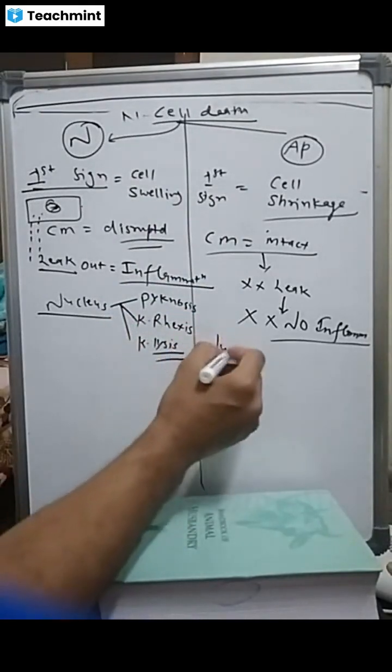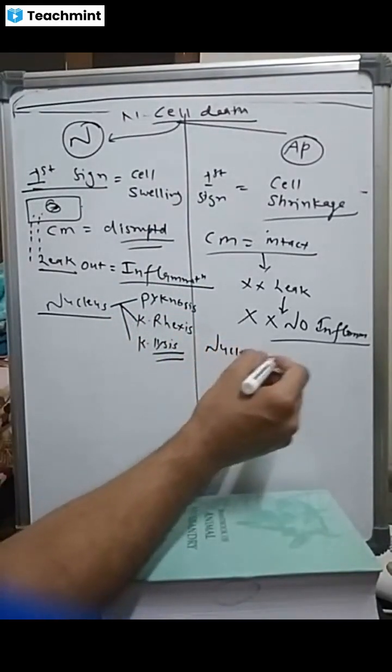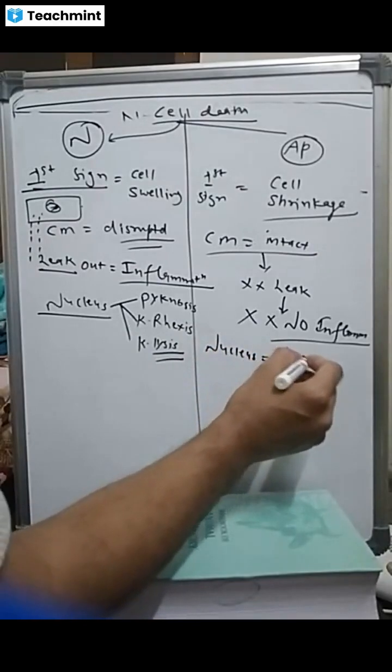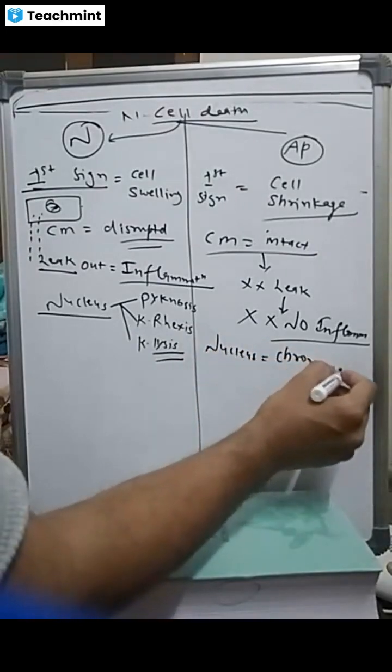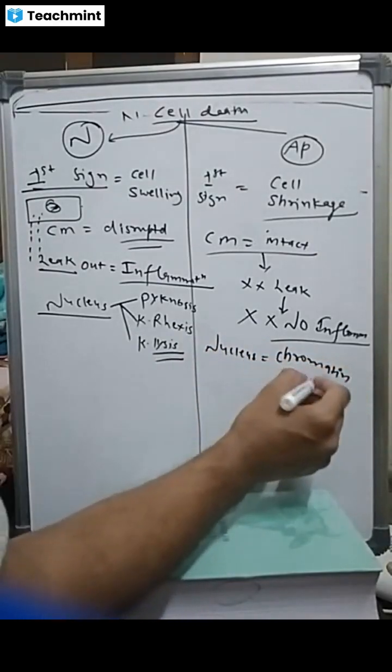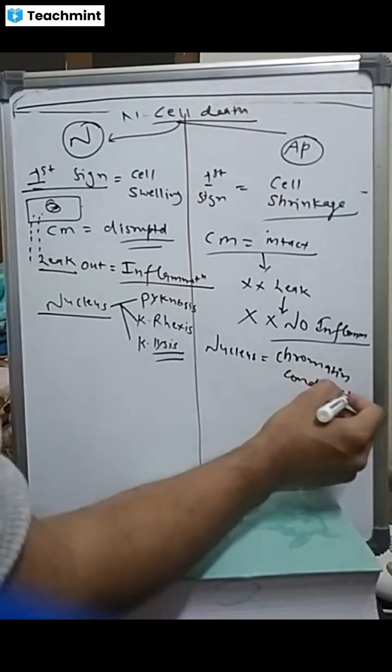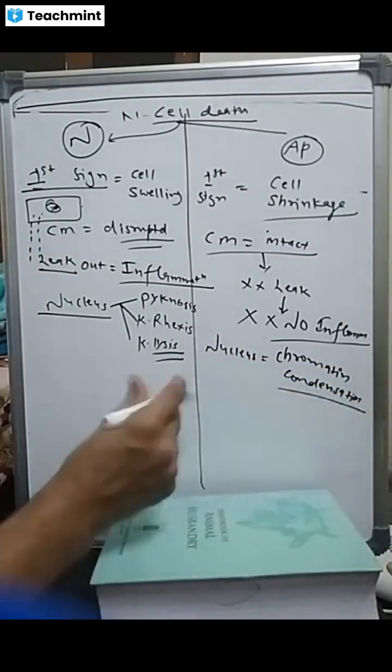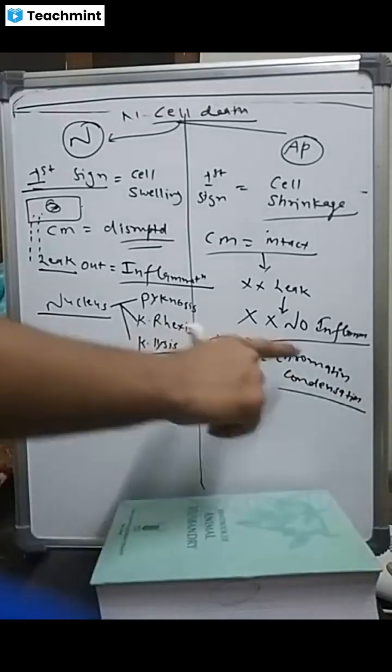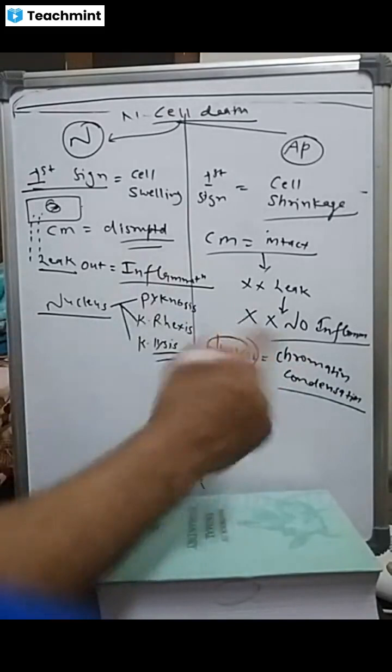In apoptosis, the nuclear change is nothing but chromatin condensation. Only and only chromatin condensation. There is no karyorrhexis, there is no karyolysis.